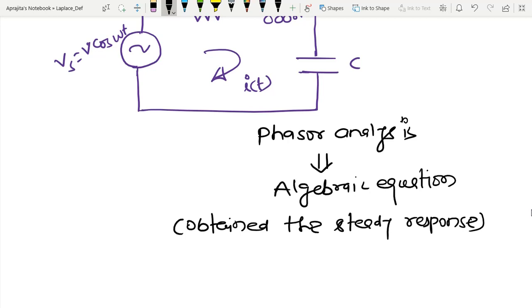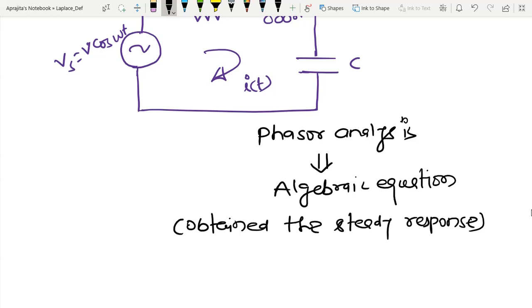Now our goal of this part of the lecture is to analyze circuits with a wide variety of input and output, and in order to do that, first I will follow the same step.